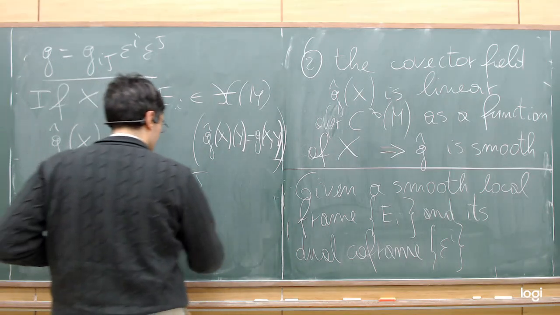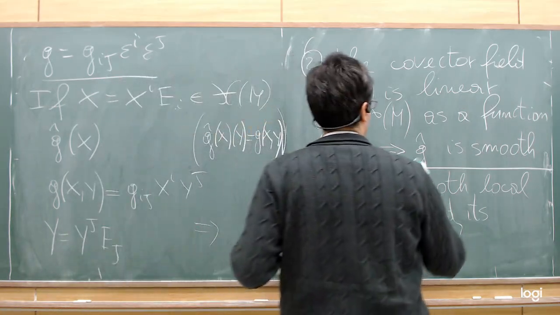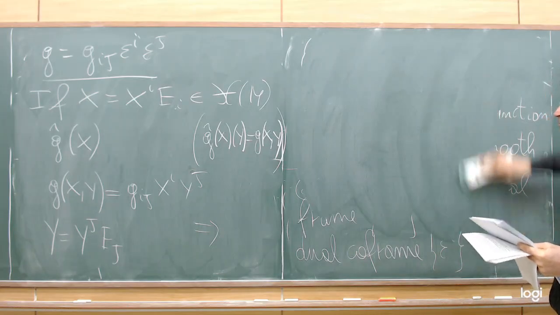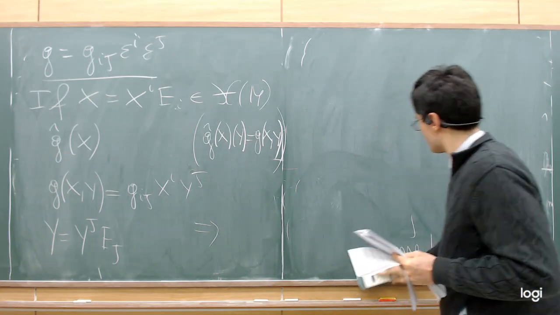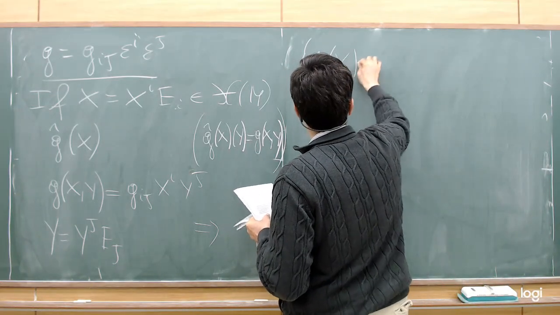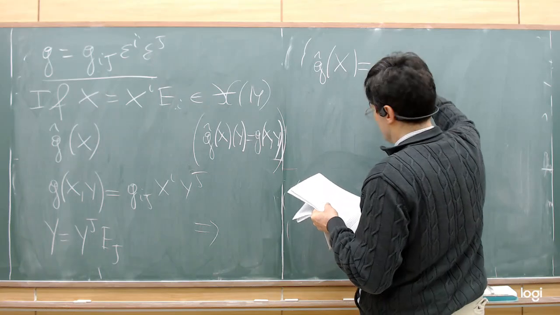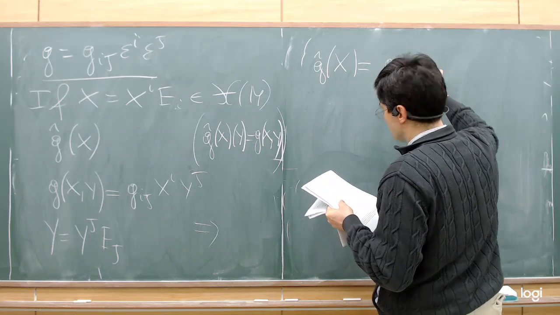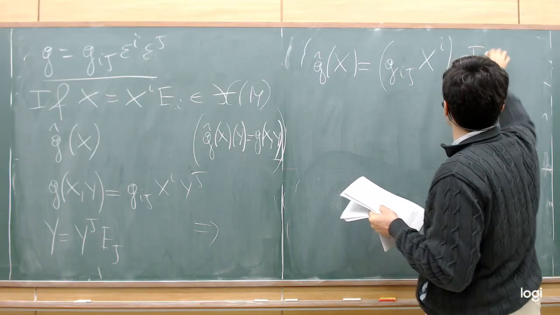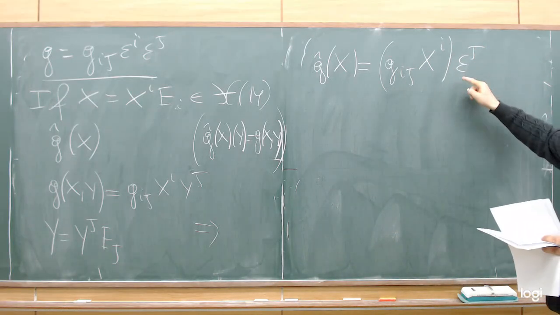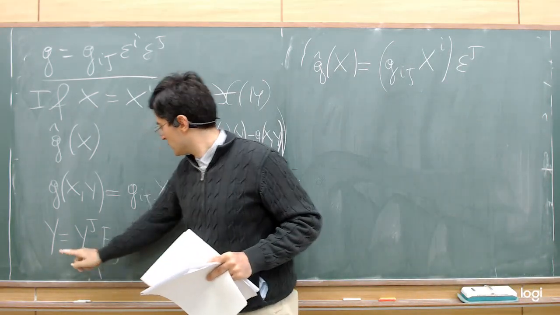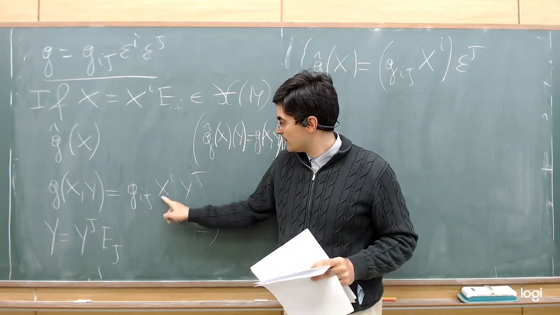This implies that G hat at X is G_ij X^i, and you have to multiply everything by epsilon^j. Why? Because if you let this object act on Y, you will get G_ij X^i Y^j.